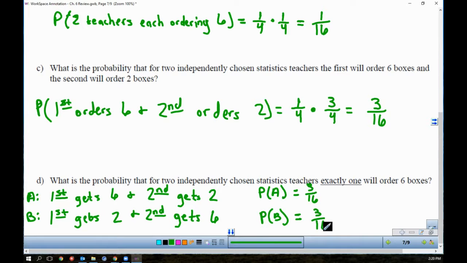Now, can you have it where A and B share something in common?